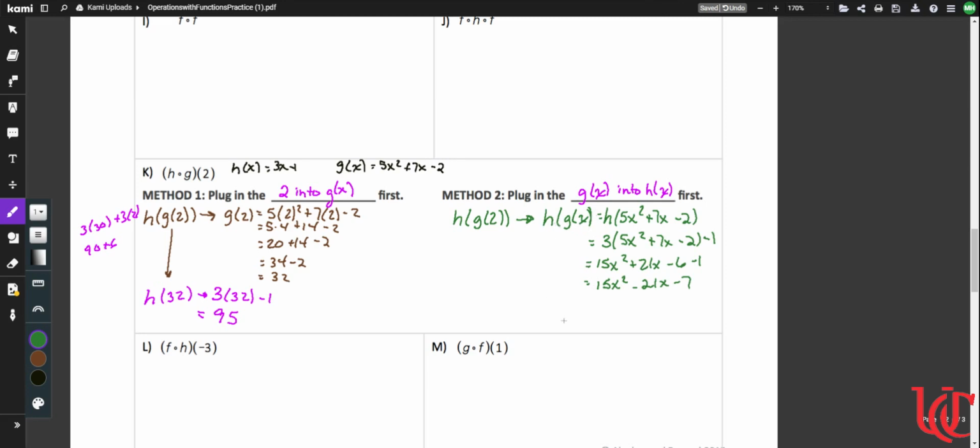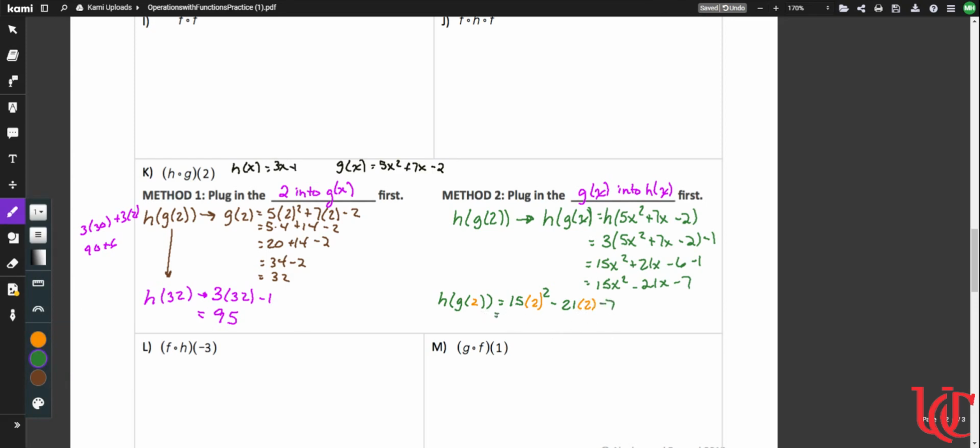So now I'm taking this and I'm plugging a 2 in. So this becomes h of g of 2 equals 15 times 2 squared minus 21 times 2 minus 7.